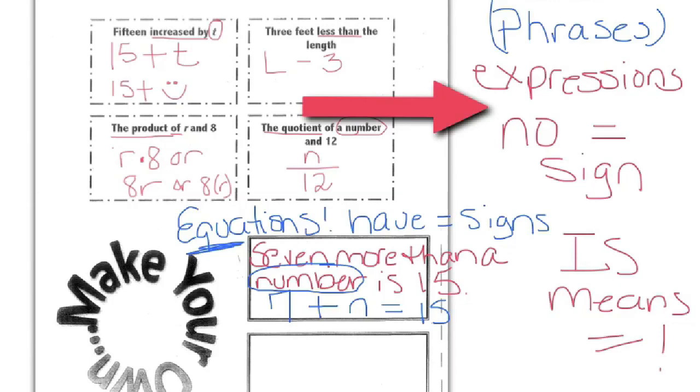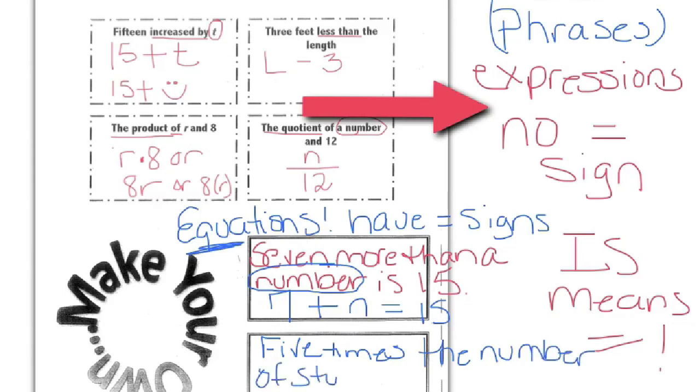Okay, let's look at this one. How about this? 5 times the number of students is 250.